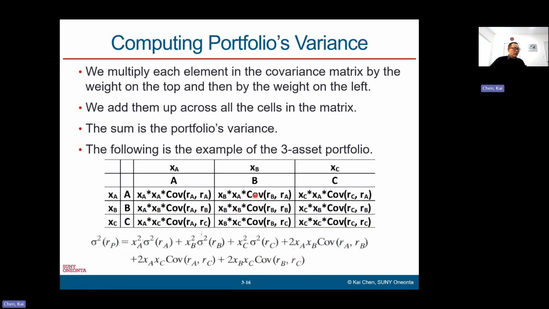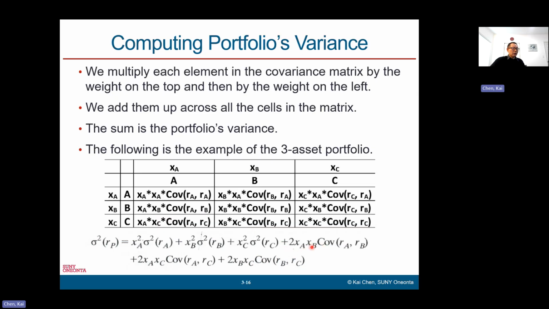For example, in this cell, it is the covariance between asset B and asset A, times XB times XA. And in this column, that is the covariance between A and B times XA and XB. So the value in these two cells should be the same.